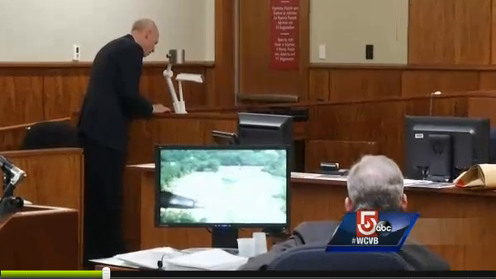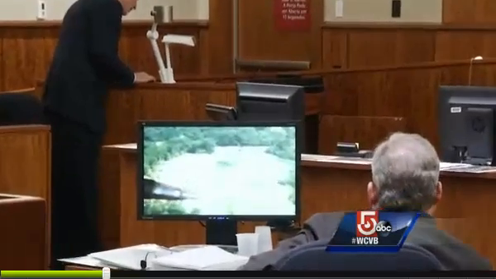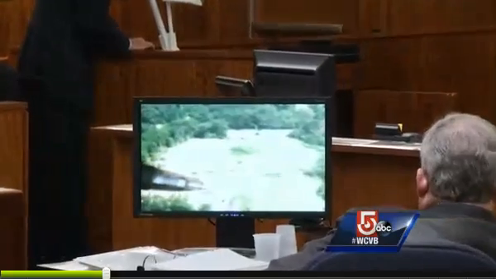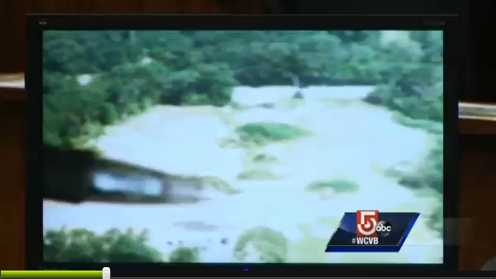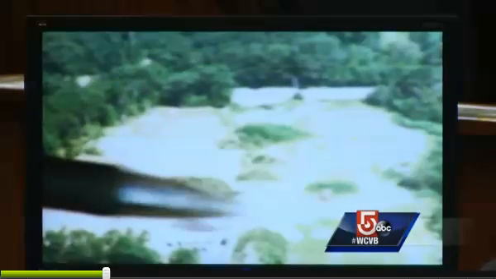This is where the area where you observed the body of that man on June 17th. Leading, Your Honor. You can ask him to confirm that that is where. Oh, I beg your pardon, Your Honor.